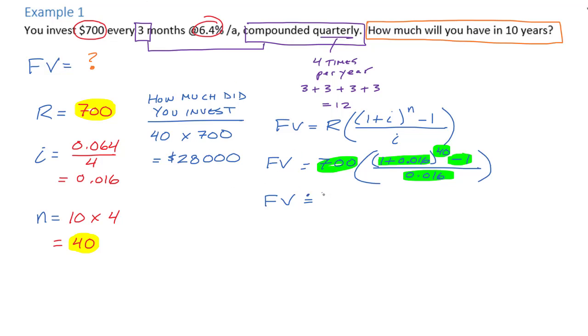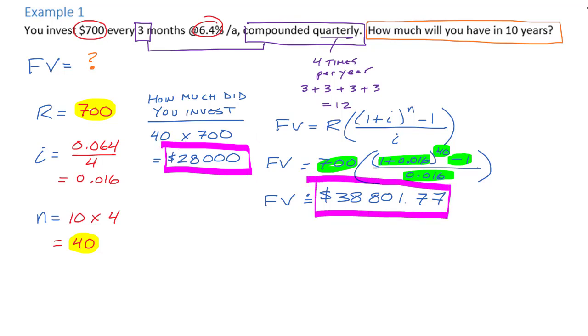I got the total value in the future is going to be worth $38,801.77. Now, if we want to know how much interest there is, let's summarize. This is the amount of money we actually put in, and this is what it was really worth at the end. If I want to know the interest, because that comes up a lot, I can subtract these two numbers.